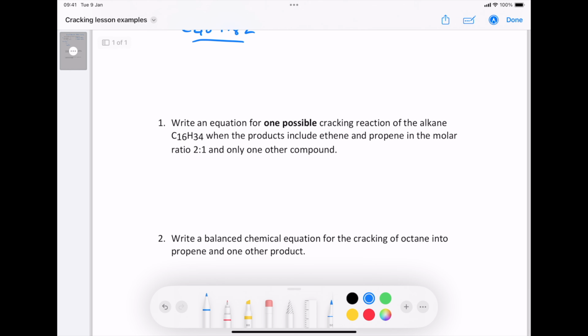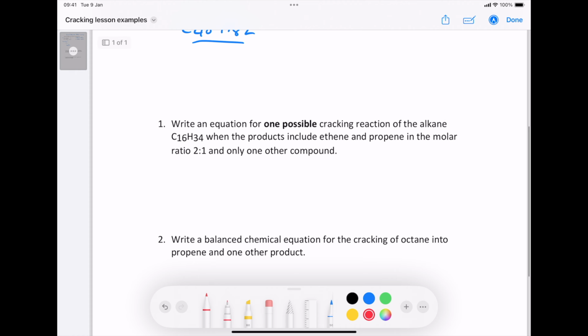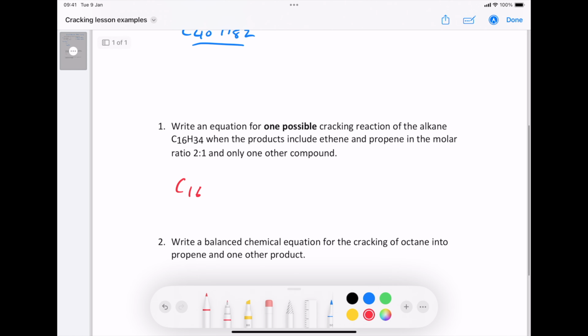It says, write an equation for one possible cracking reaction of the alkane C16H34 when the products include ethene and propene in the ratio 2:1 and one other compound. With these questions, you must remember that the alkane and alkene products must add back to give the original number of carbons and hydrogens in the starting molecule, which you can see is 16 carbons and 34 hydrogens.